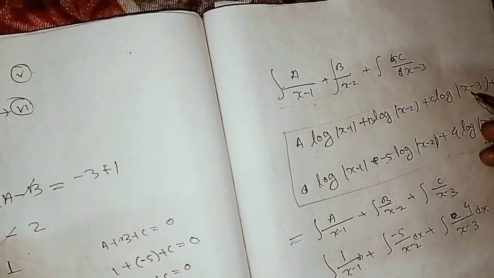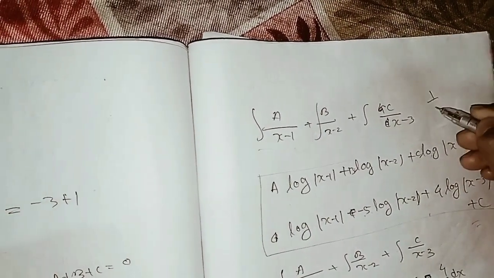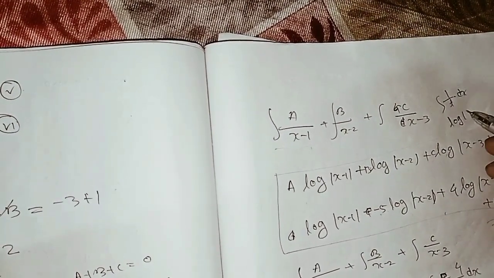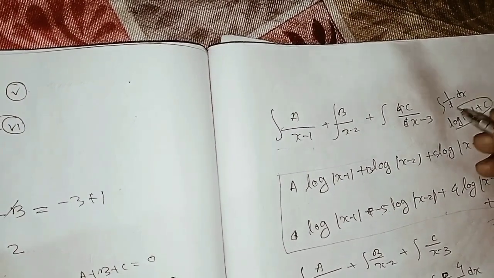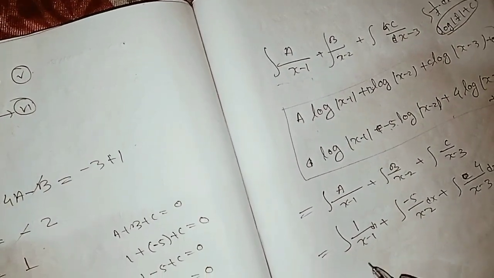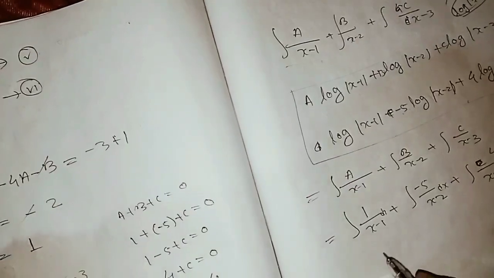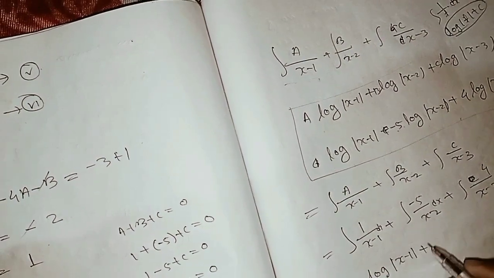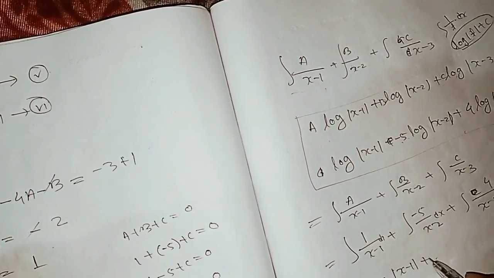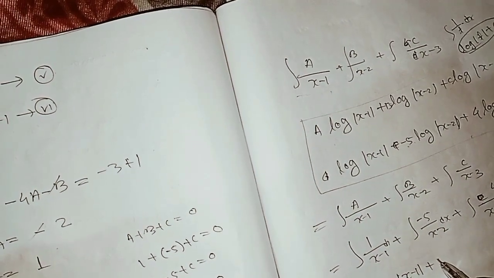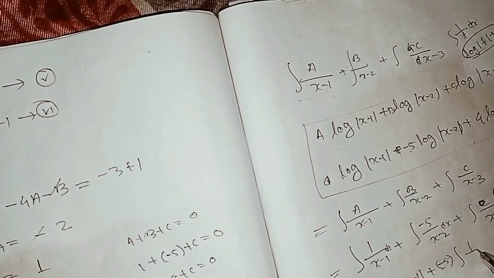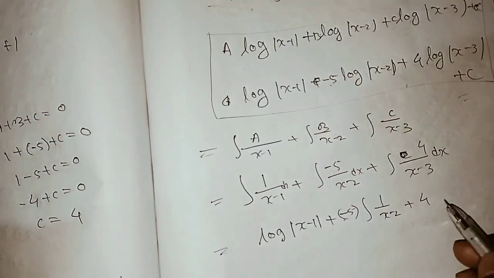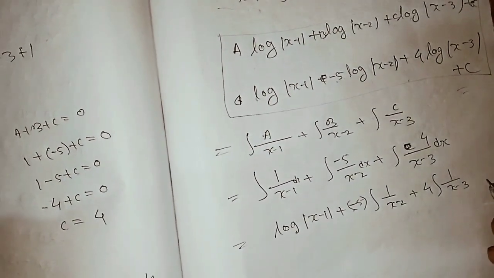So let's say the integration of 1 by t, then you can write log under modulus t plus c. Yes or no? So a similar concept we have to apply here. So log under modulus x minus 1, plus this 5 will come outside the integration, so minus 5 times the integration of 1 by x minus 2, plus 4 also comes out, the integration of 1 by x minus 3 dx.